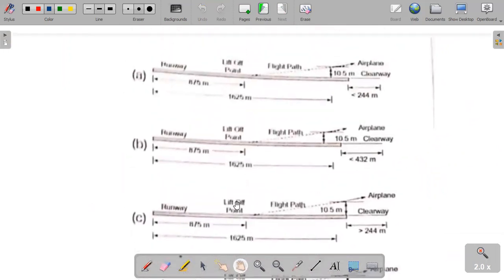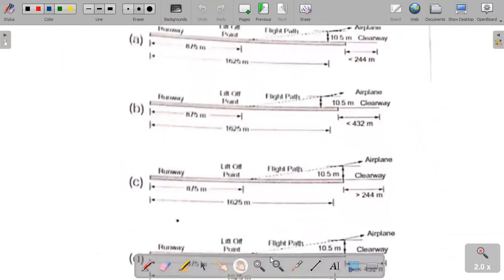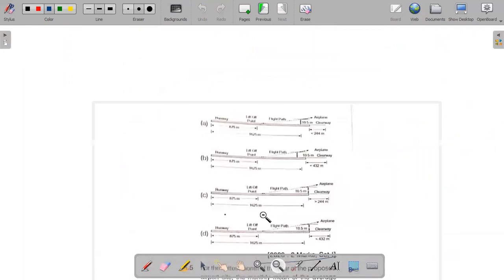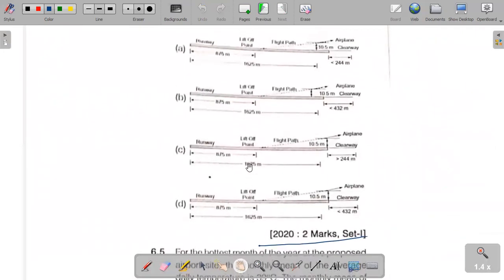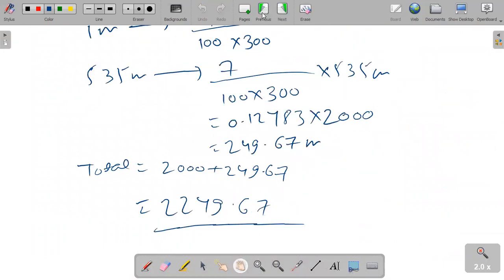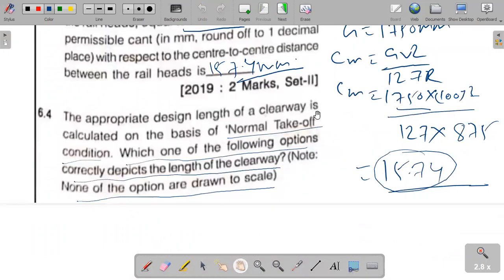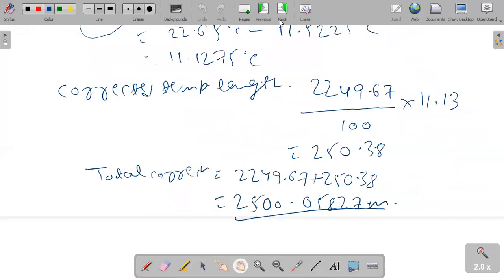So we need to calculate this. These are the diagrams. The appropriate design length of clearway is calculated on the basis of normal takeoff condition. Which one of the following options correctly depicts the length of clearway? We need to find the length of clearway. It is a normal takeoff condition.